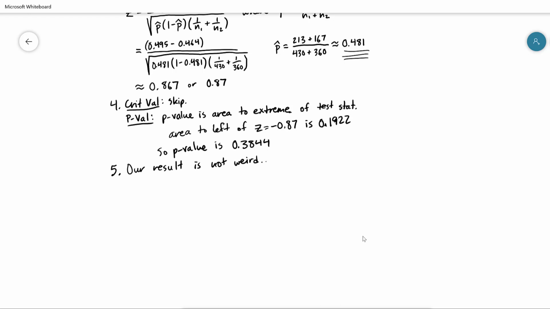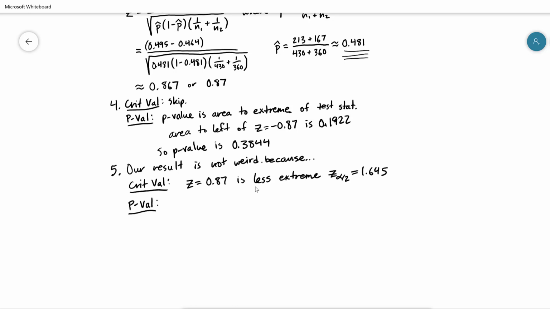And it's not weird because if I compare the two z-scores doing the critical value method, our z-score of 0.87 is less extreme than the cutoff that we were going to consider weird, which was the z sub alpha over 2, the positive one on the right side, positive 1.645, which is the one it would make sense to compare this positive z-score to.